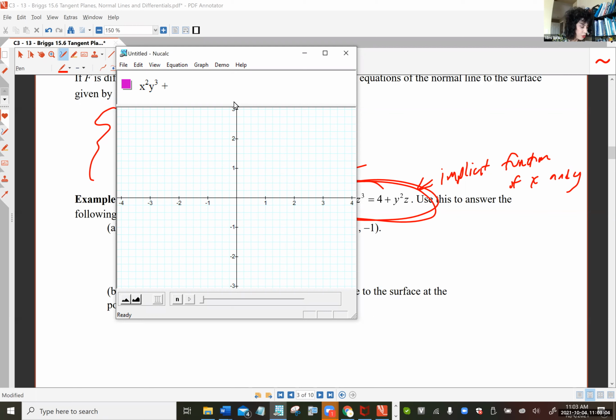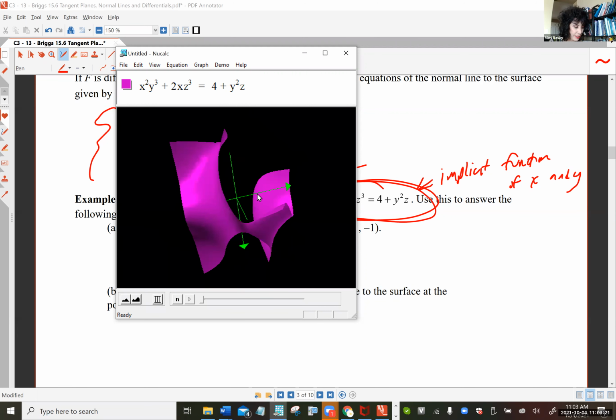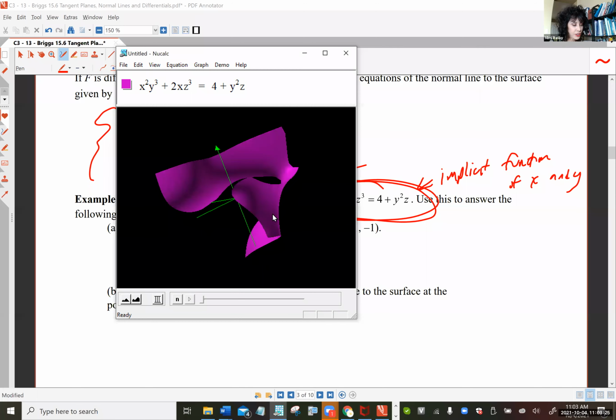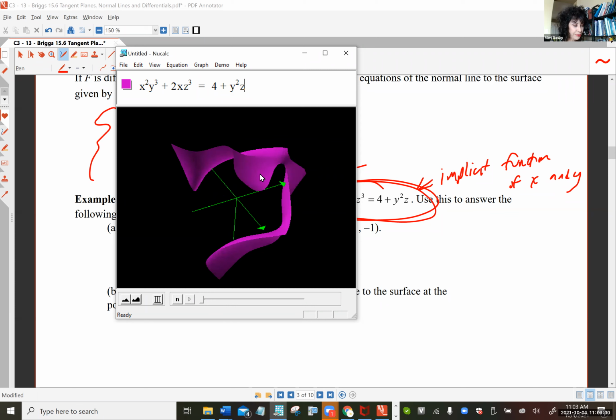Plus 2xz cubed equals 4 plus y squared z. I have no idea what this looks like. Oh my God, that's nuts. Oh, that's kind of pretty. Love it. Okay, so there's a surface in space. Nice, huh? Huge. Okay.